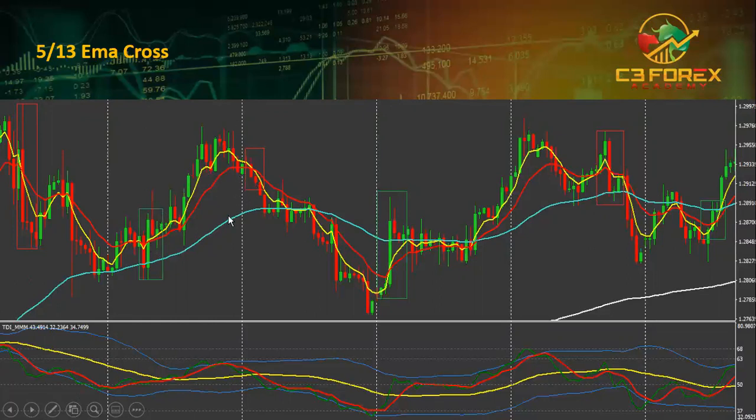The next one you have a shark fin, blood in the water right here. You get a shift, price goes down. You have another shark fin down right here. You get a shift, price goes up. You got another shark fin down right here. They form an M formation. Get a shift right here, price goes down. So you could have caught this shift.